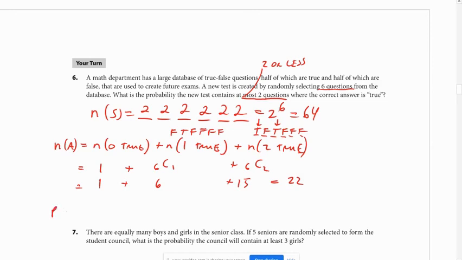And so then our probability of getting at most 2 true is 22 over 64, or 11 over 32, or about 34.4%.